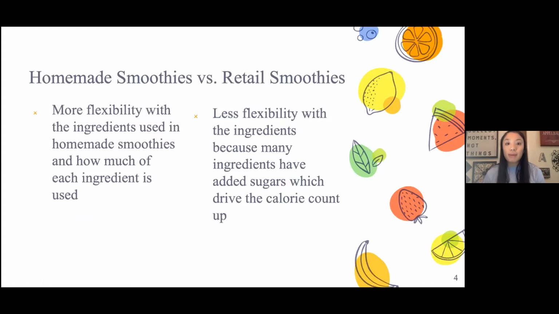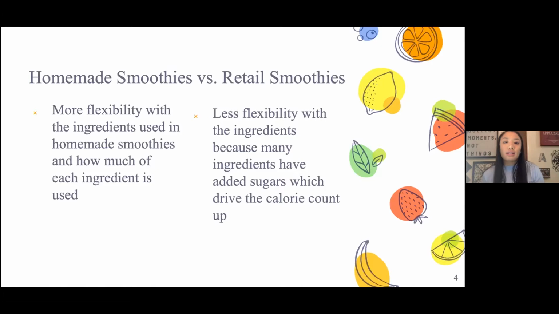So the reason that I'm highlighting both of these is because there's a lot of differences to be aware of and to just pay attention to, and reasons why making your own smoothie might have more benefits than just buying the smoothie as a whole. So with homemade smoothies, there's more flexibility with the ingredients used because you're able to pick whatever ingredients you want.